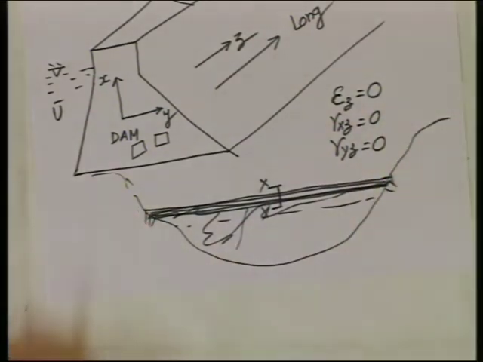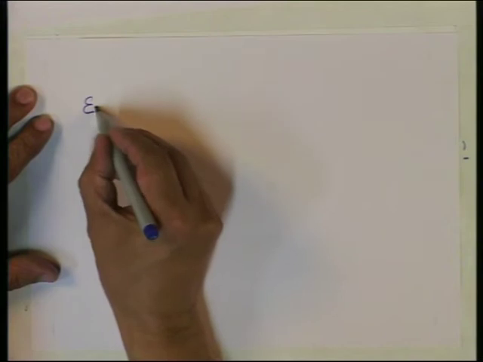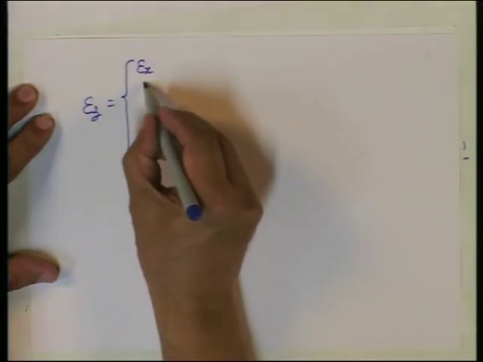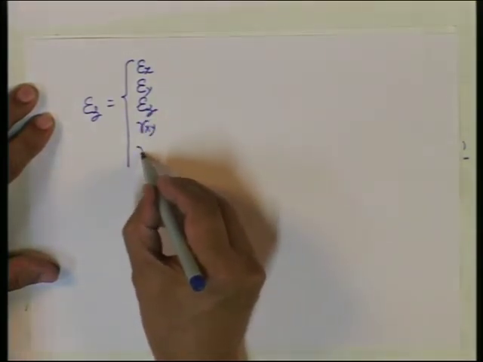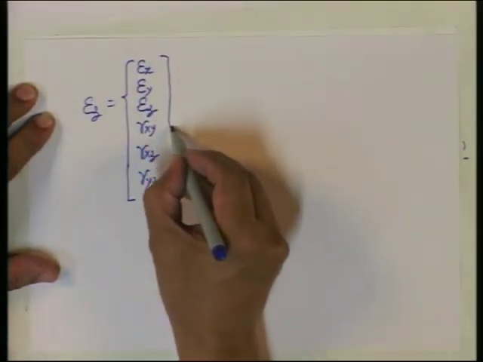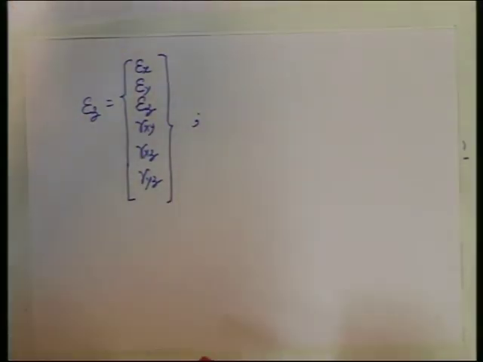So these three must be 0, and therefore, out of the 6 components of the strains that exist at any point in a 3-dimensional body, this is also a 3-dimensional body.